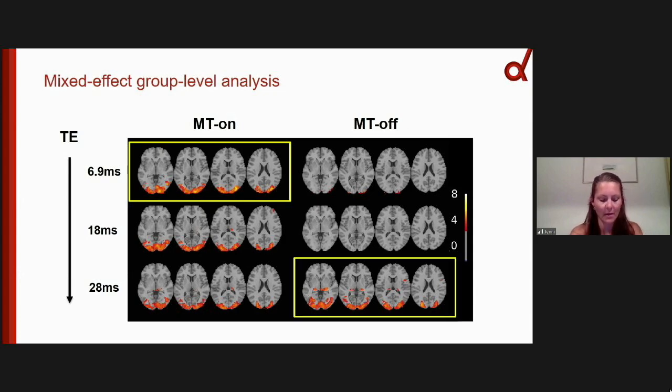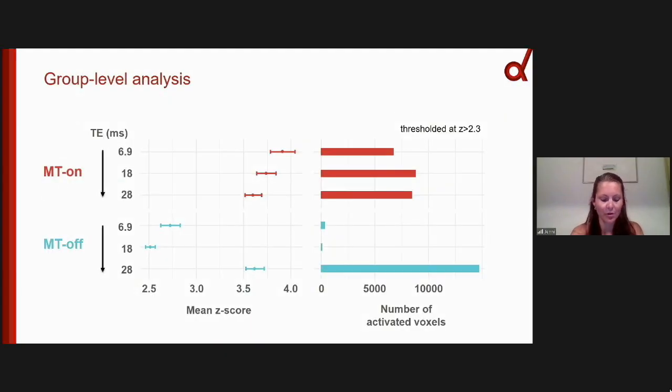In the MT off case, as expected, we could only find activation at TE equals 28 milliseconds, which is a strong standard BOLD signal. We used this as a gold standard and used it to define our ROIs to measure our mean Z-scores as a measure of functional sensitivity and the total number of significant activated voxels.